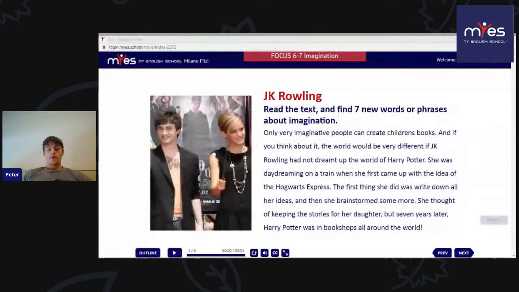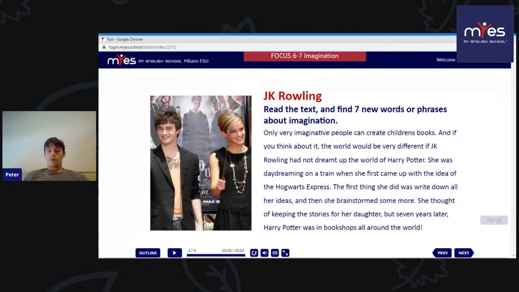Oh, wow. A lot of reading. J.K. Rowling. Read the text and find 7 new words or phrases about imagination. Only very imaginative people can create children's books. And if you think about it, the world would be very different if J.K. Rowling had not dreamt up the world of Harry Potter.